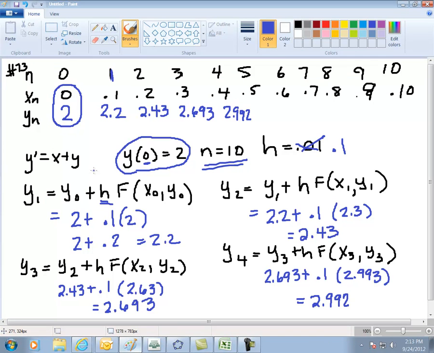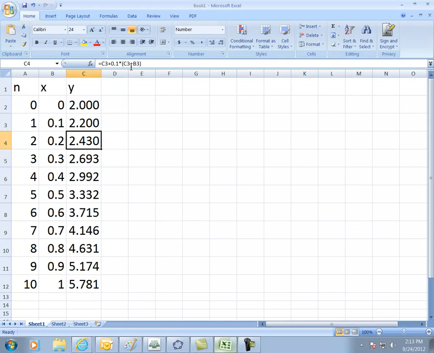If I had a different function, say 3x minus 2y, which is number 75, then obviously I would have programmed this differently. This would have been 3 times x, being this value, B3, minus 2 times C3. So keep that in mind. That's where that's coming from. But once I get that programmed in, Excel will just do my calculations for me, and I can fill in my table automatically. Notice that for our first 4 steps, our answers match up.